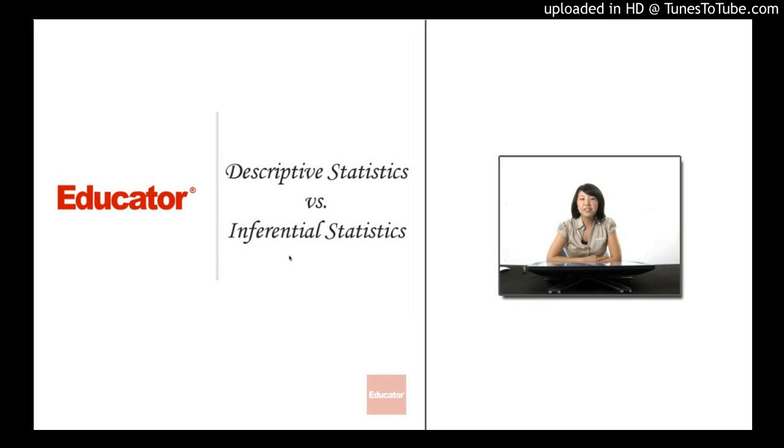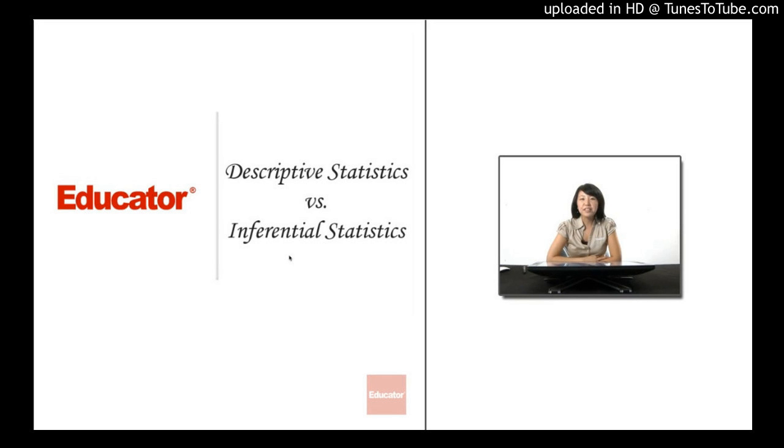This is called interpolation. When you have a range of x's and you're predicting something within that range of x's, you could think of it as staying within the boundaries, within the range of data.